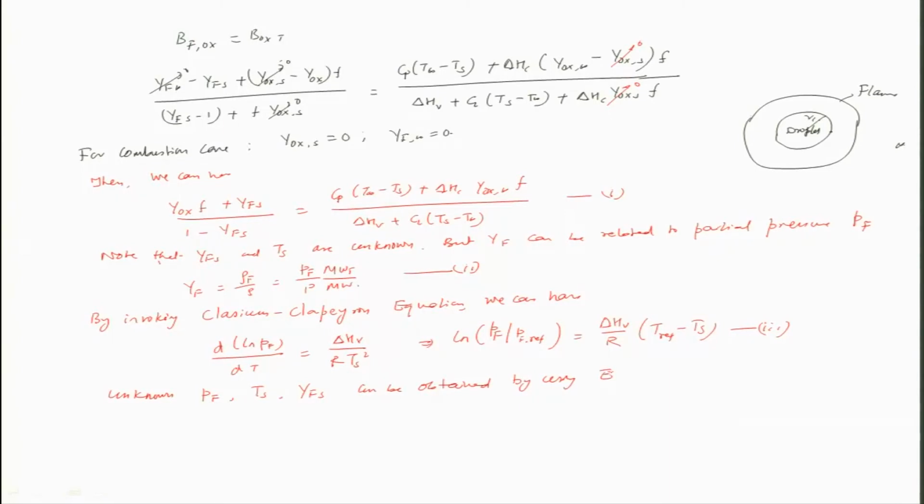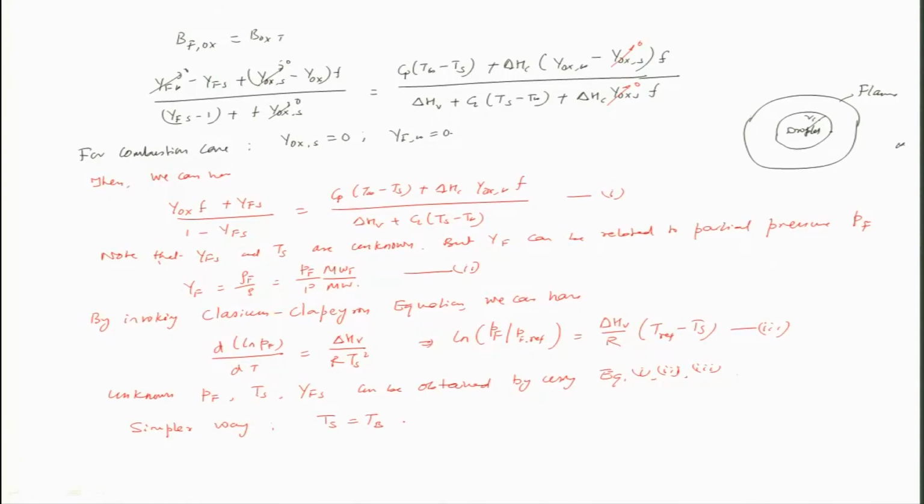But generally a simpler way to do is that you take Ts equal to Tb, the boiling temperature, and then it will be a very easier thing to do.